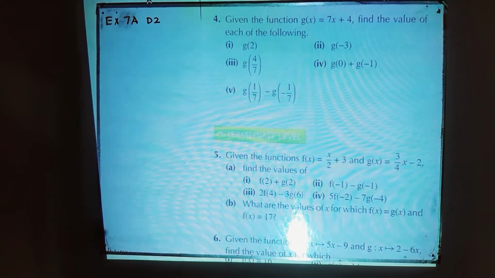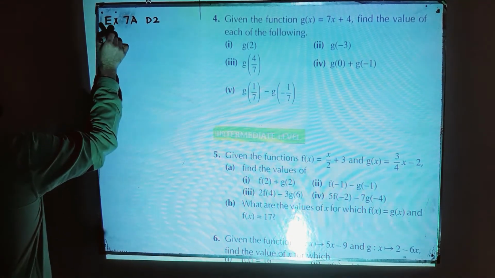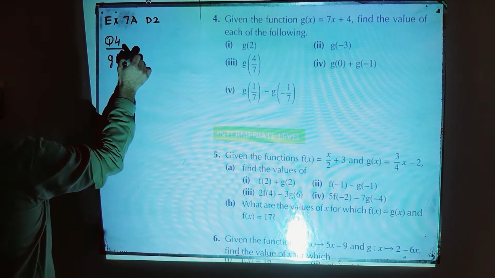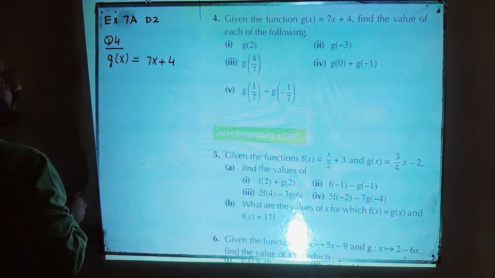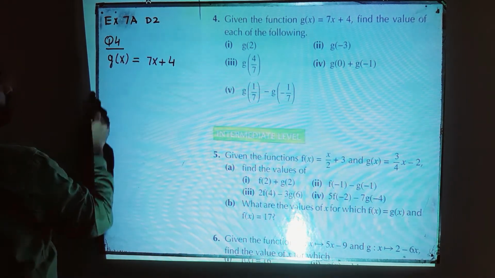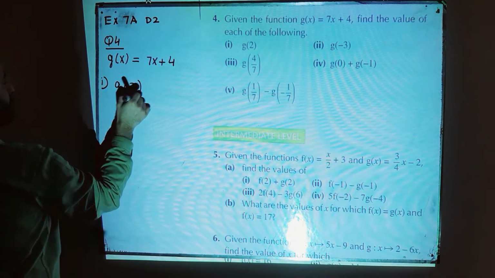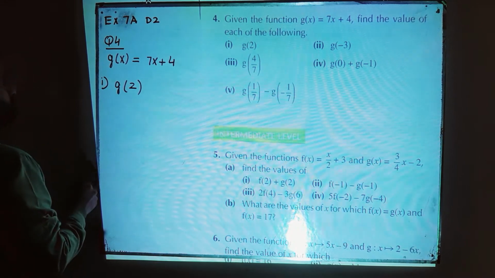Question number 4 is given that the function g x is 7x plus 4. Find the value of each of the following. Part 1 is the value of g at x equal to 2.